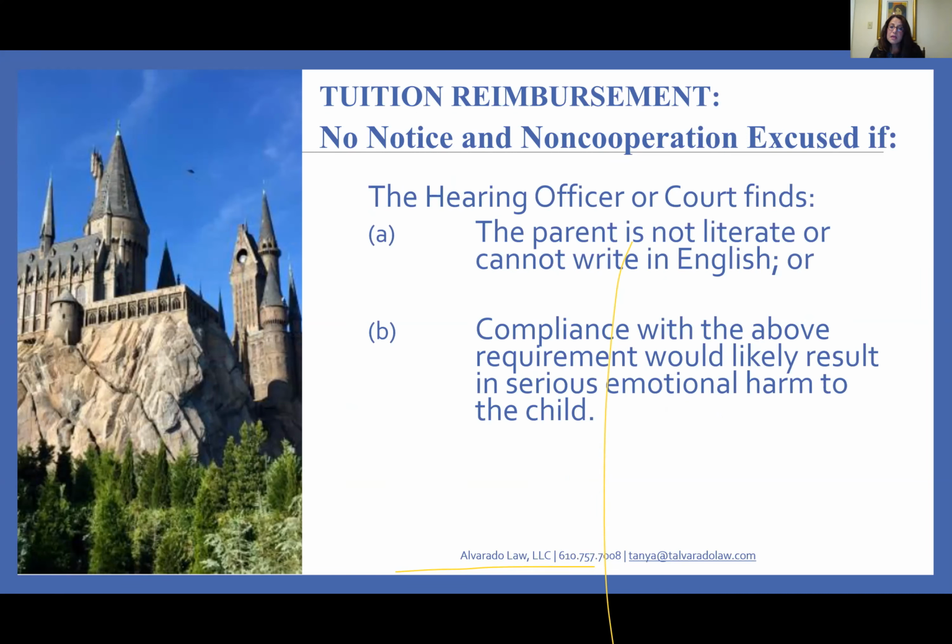Okay. If the parent is not literate or cannot write in English, that is also forgivable in terms of not giving the notice. And also if there is a chance that your child would experience serious emotional harm, if you wait that period of time, that last chance that the district has to provide you an appropriate program.